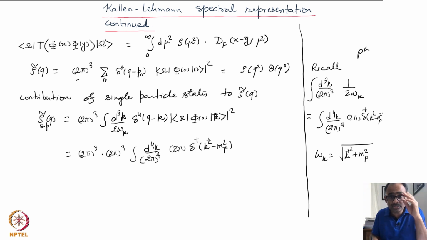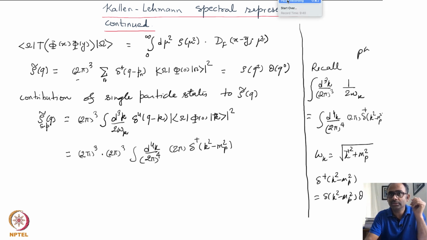Remember, delta plus of k square minus mp square is delta of k square minus mp square times theta of k 0. So this factor is here, and then I have still a delta 4.